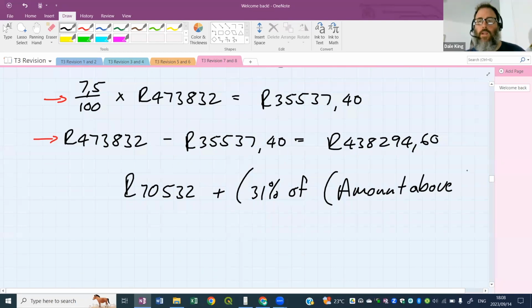I'm going to write it like this, just over here, the amount above 337,800. So that is the calculation we need to use here.